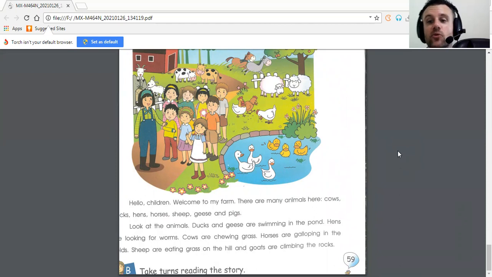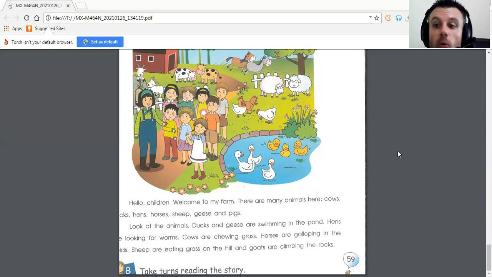So reading time too. I want you to read as much as you can. Listen carefully and repeat after me. Hello, children. Welcome to my farm. There are many animals here: cows, ducks, hens, horses, sheep, geese, and pigs. Look at the animals. Ducks and geese are swimming in the pond.